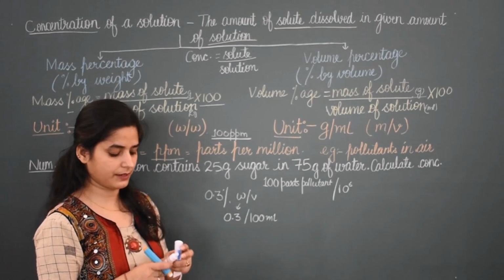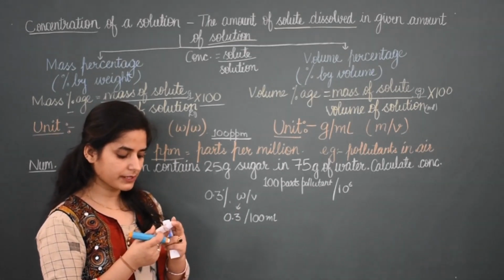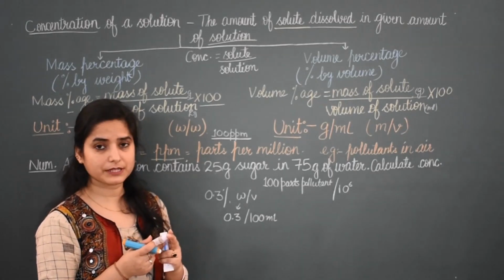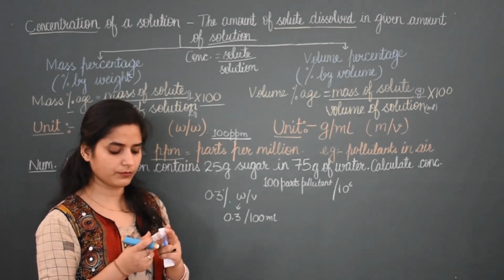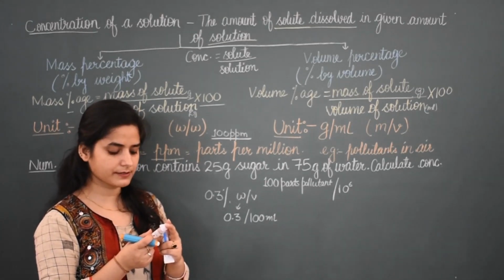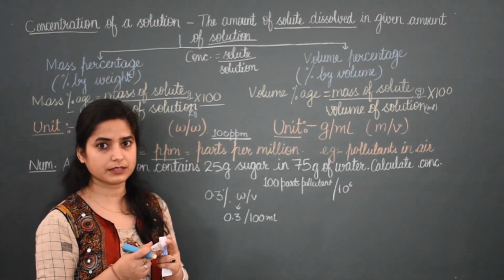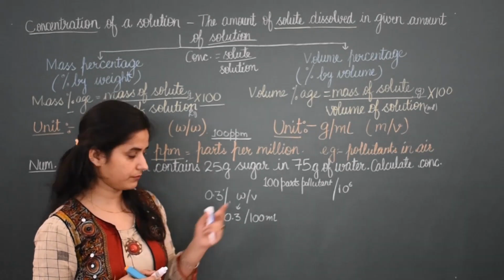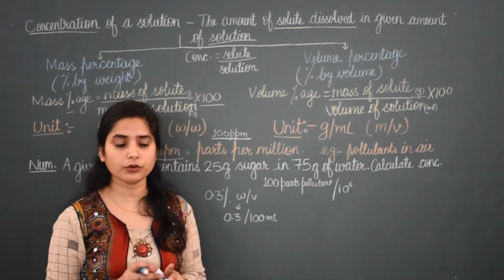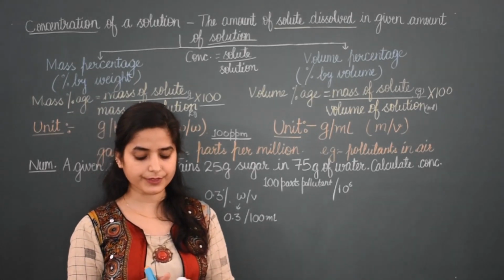Second one is written dexamethasone 0.1 percentage W by V. And the third one is benzalkonium chloride. It is 0.01 percentage weight by volume. So you can see it in your home also.